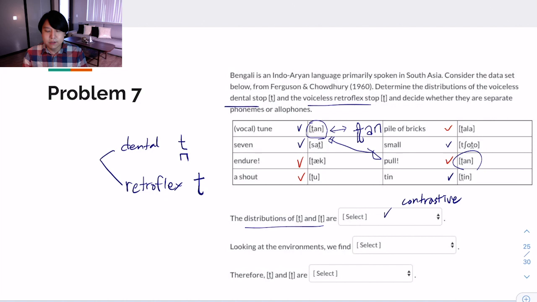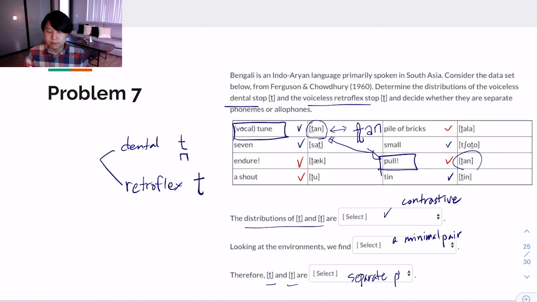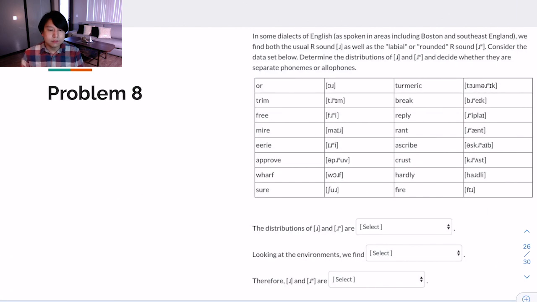Therefore, dental T and retroflex T are separate phonemes. That will be the easiest example of a phonemic analysis because we've already found a minimal pair, and we can move on.